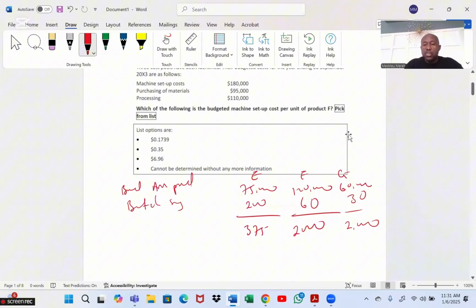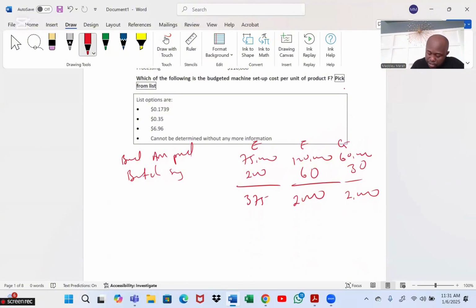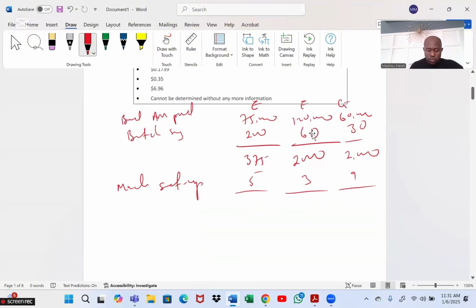So now we come to the question, what are the machine setup costs? For E, F, and G, we have 5, 3, and 9. So what this will give us now, we multiply. 2,000 at 9 will give me 18,000. And 2,000 at 3 is 6,000.